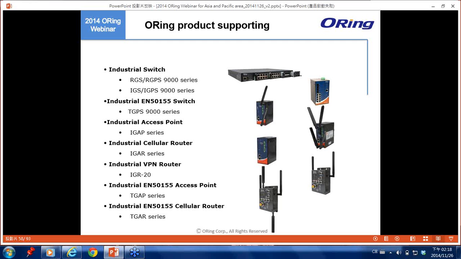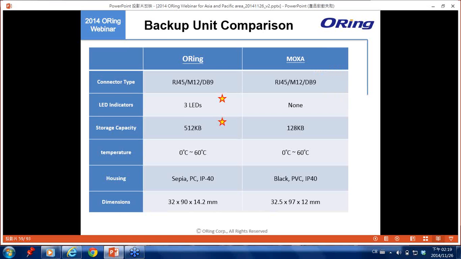We have the 9000 series of Ethernet switch and the 9000 series of transport Ethernet switch, and the access point and the little routers all support the backup unit. And the comparison table as well for your reference.